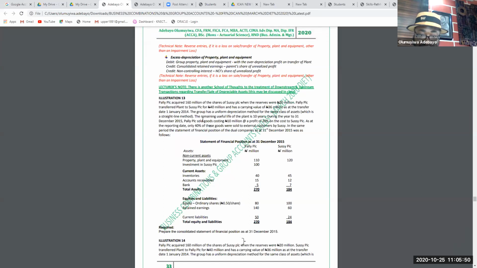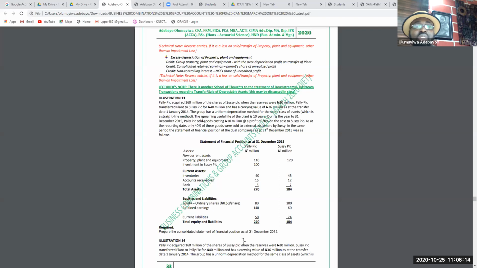Any dealing post-acquisition between the parent and the subsidiary constitutes an intra-group or intercompany transaction. Take it for that. The second one, which is clear, is that there's a sale of goods.